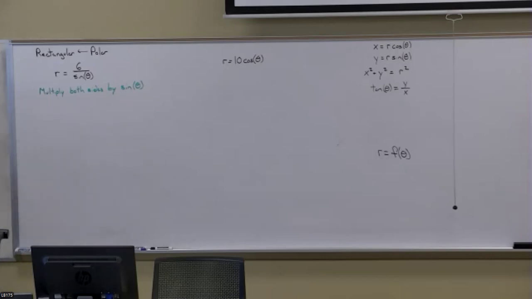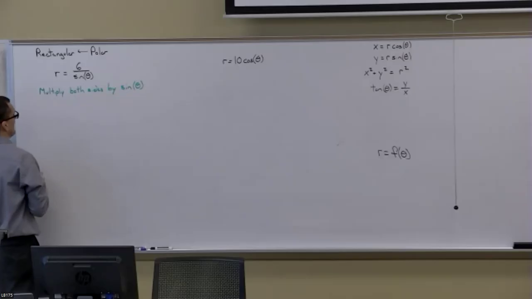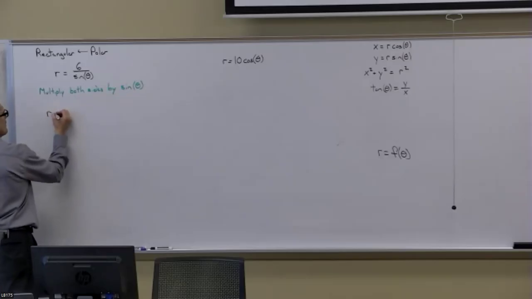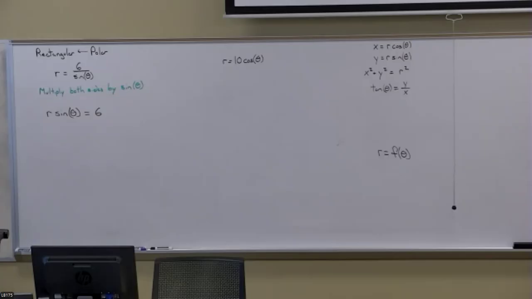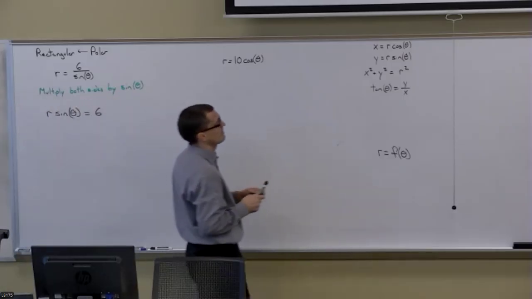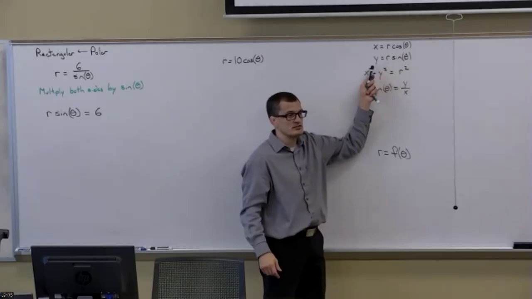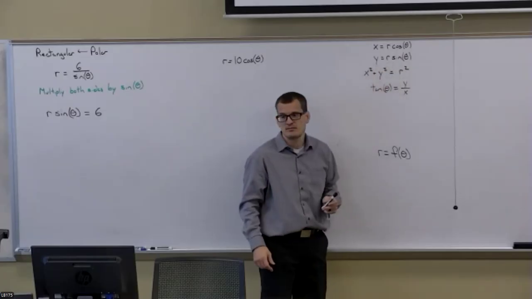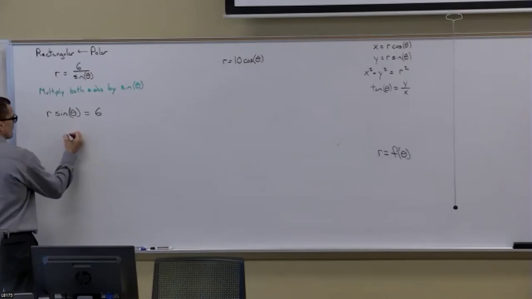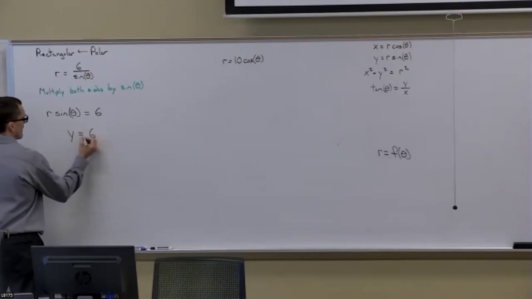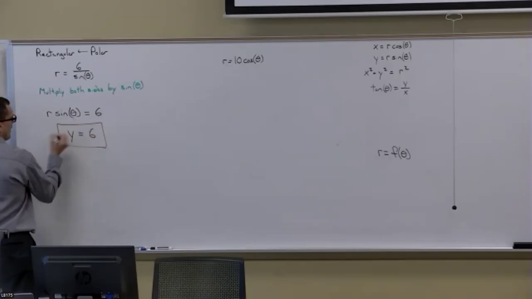If I multiply both sides by sine of theta, I get r times the sine of theta is equal to 6. And that's great because r times sine of theta in rectangular coordinates is just y. So now I have y equals 6 in rectangular coordinates, and I'm done.